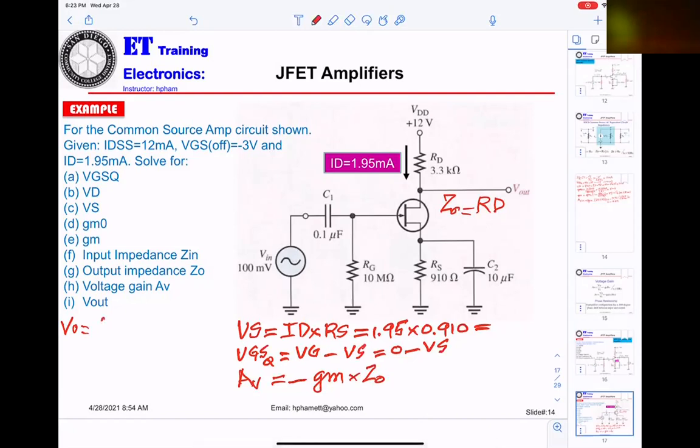Exactly. That means I've given you all of the things you need to complete all those calculations for this circuitry.